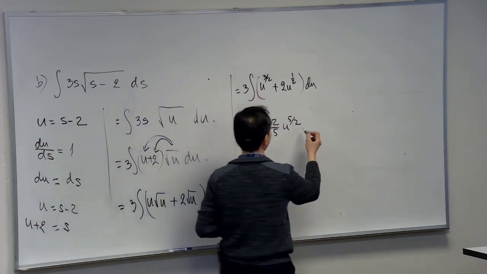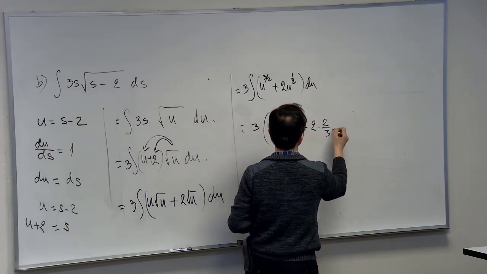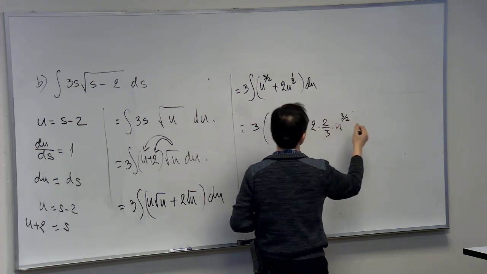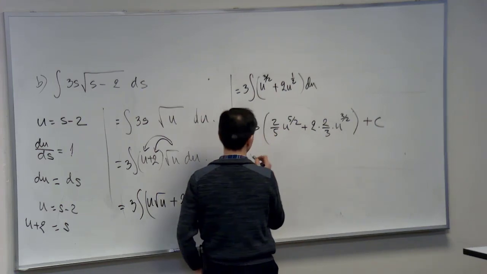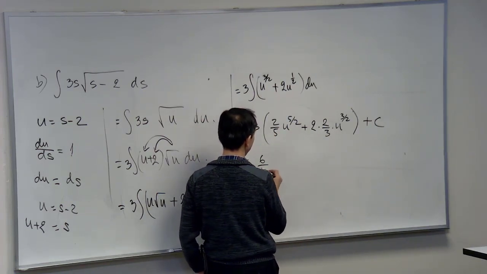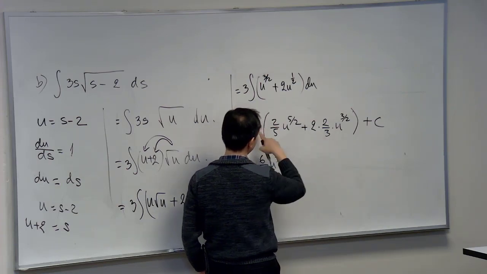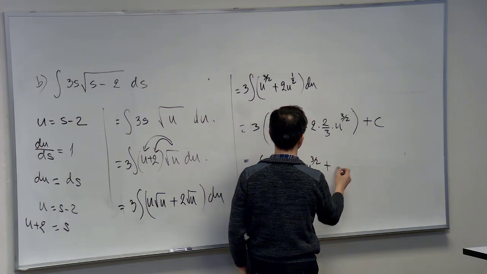And then I'm going to have 2 times the 2/3, times u to the 3/2 power, plus c. Then I'm going to multiply that 3 in as well, making it 6 u to the 5/2 plus, and that's making it 4. The 3 cancels with that 3, so it's 4 times u to the 3/2 plus c.